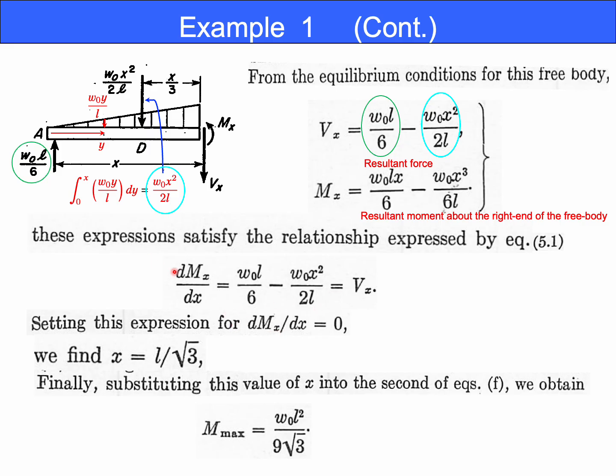By equating dMx/dx equals 0, you obtain x equals L over square root of 3. That is the place at which the moment becomes maximum. By substituting this value into the expression of the moment Mx, you can obtain the maximum value of the moment. That is this.